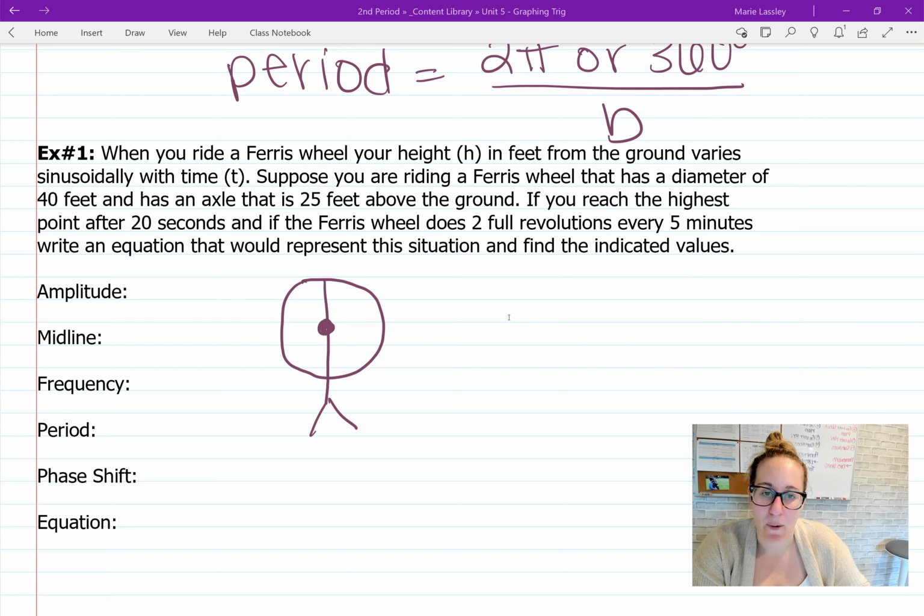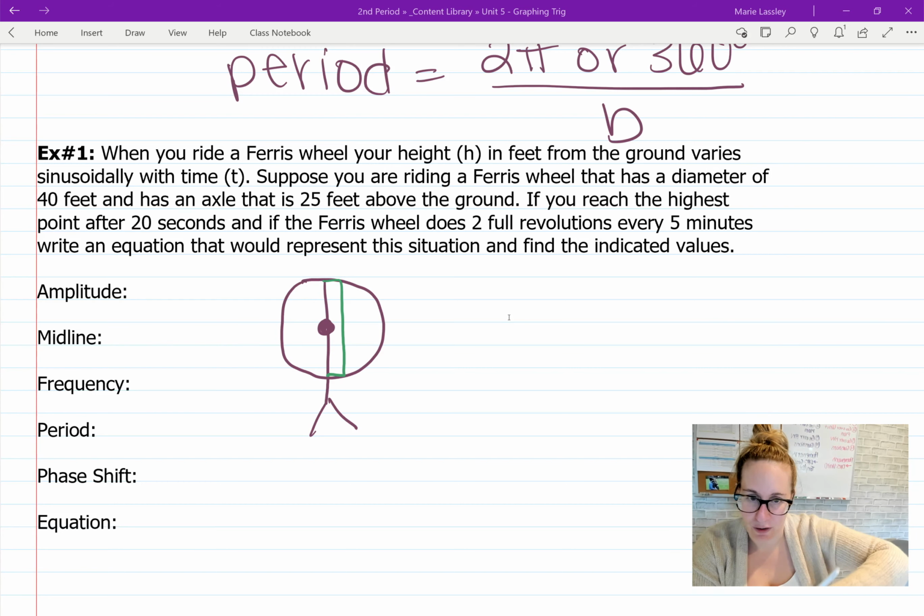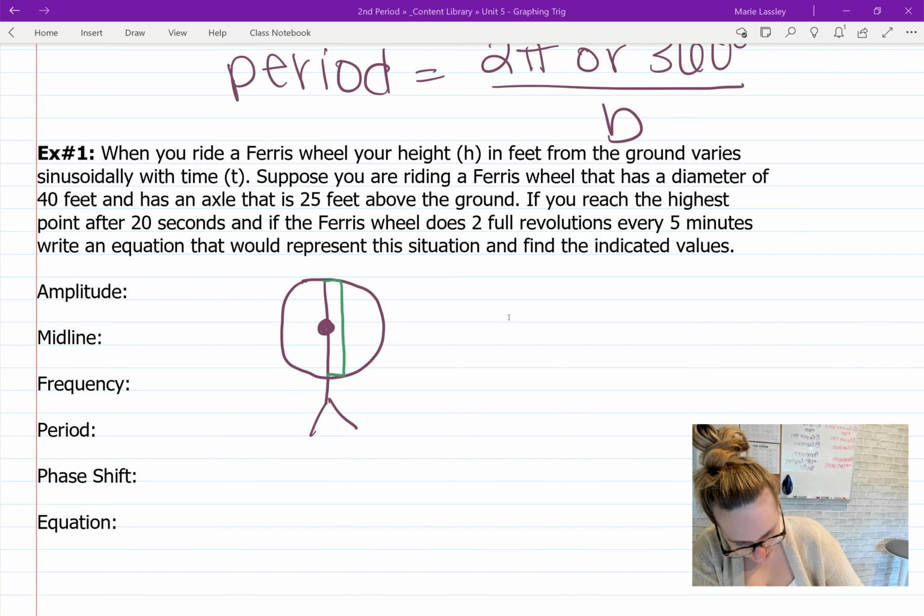Okay, it says that our diameter is 40 feet. We all took geometry, so we know diameter is the distance across, from one side through the middle and all the way to the other side. The diameter goes through the center of the circle. So this is our diameter, and it equals 40 feet.